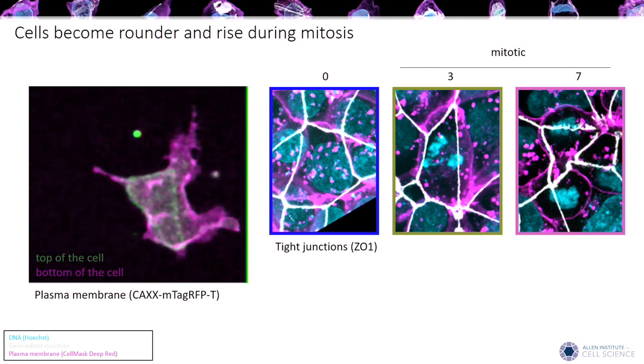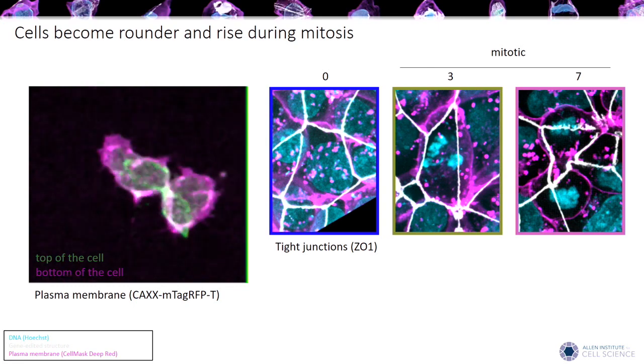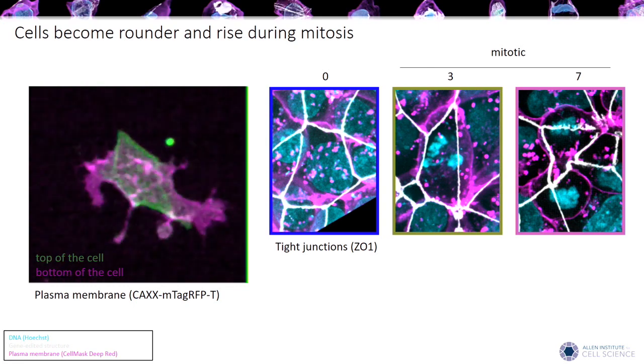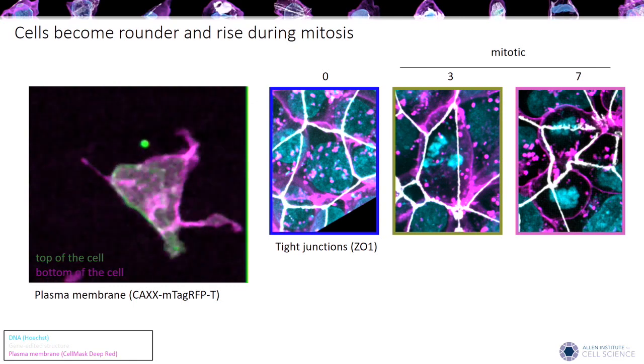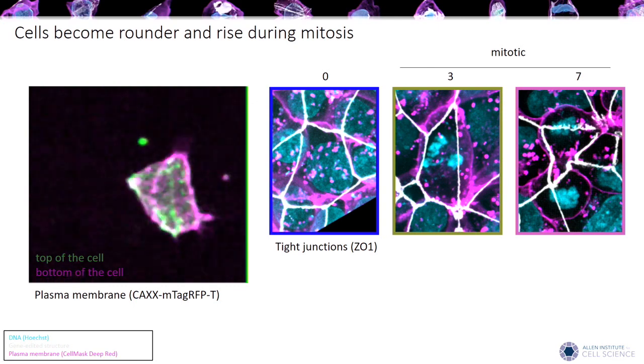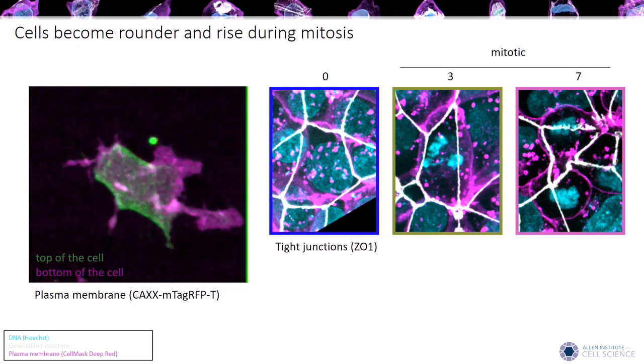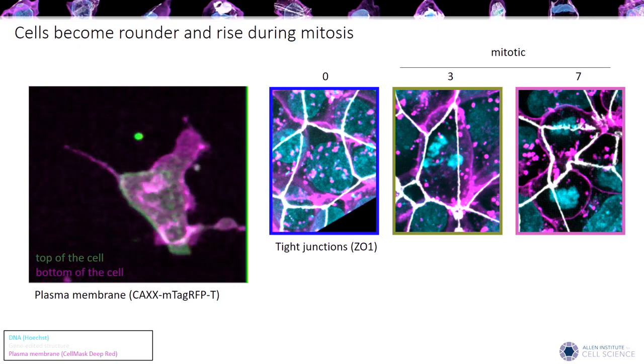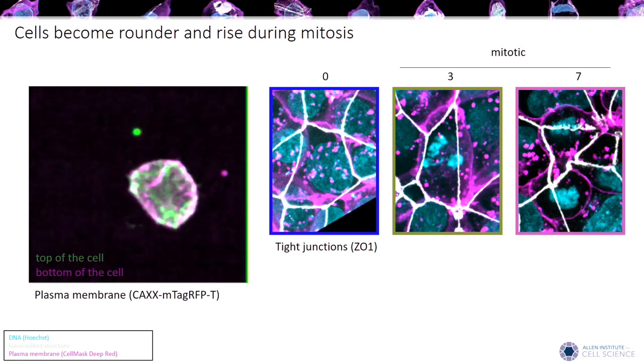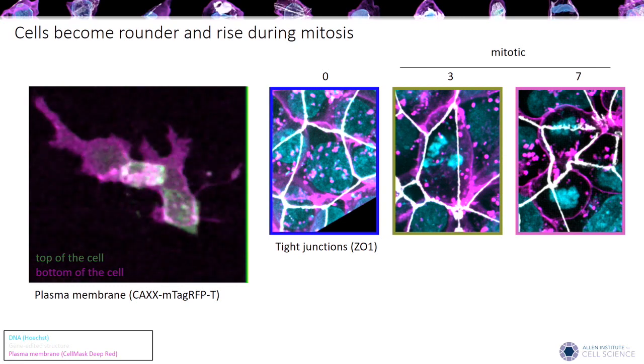But as the cells divide, the membrane rounds up underneath the tight junction, and this is really noticeable at our last stage of mitosis, where this is the tight junctions between this dividing cell with its neighboring cells, and underneath you can see this huge bulging of the plasma membrane.